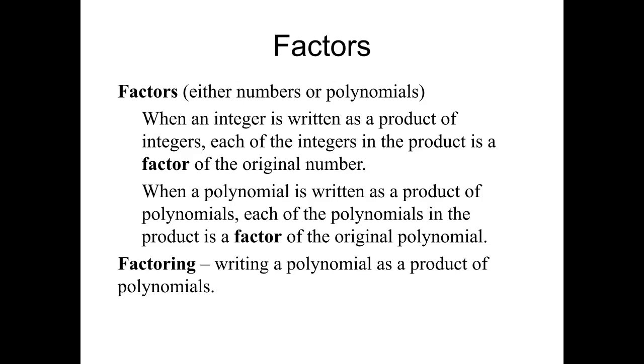For example, give me two numbers that multiply to get 28. 7 and 4, right? These 7 and 4 are factors of 28. Are there any other numbers I can multiply to get 28? 2 and 14.